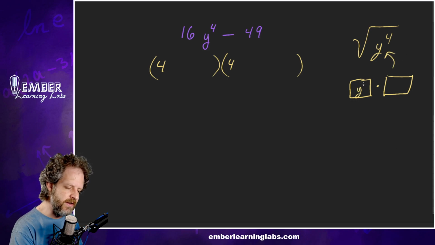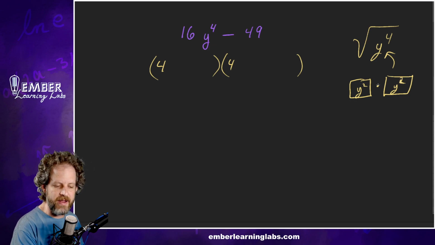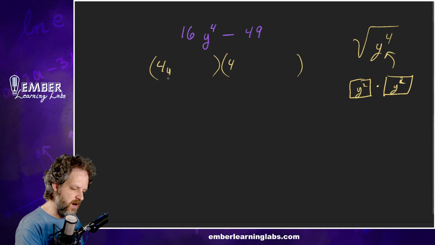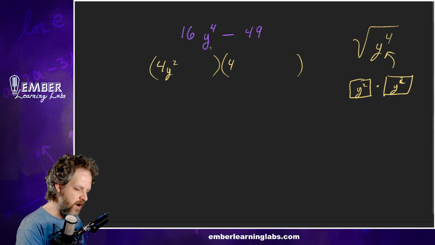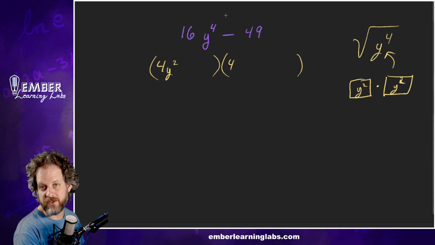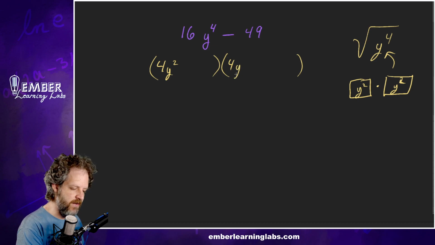Well, if we do y squared times y squared, remember with like bases we add the exponents, and so it gives us y to the 4th. So the square root of y to the 4th is y squared. All you really do is divide this exponent by 2, by the way. That's the shortcut way of thinking about it.